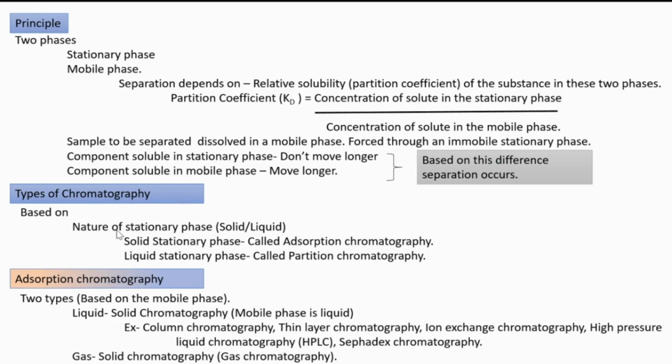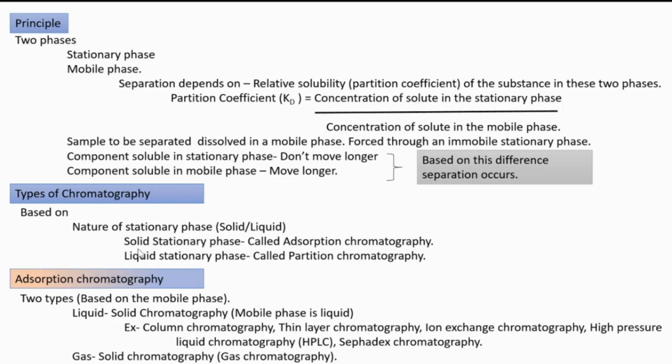Okay, next we are going to see the types of chromatography. That classification is done mainly based on the nature of the stationary phase, whether it is solid or liquid. If the stationary phase is solid, listen to the letters.